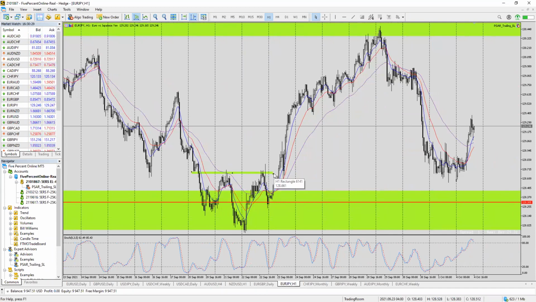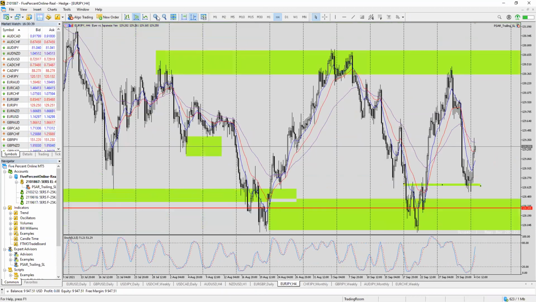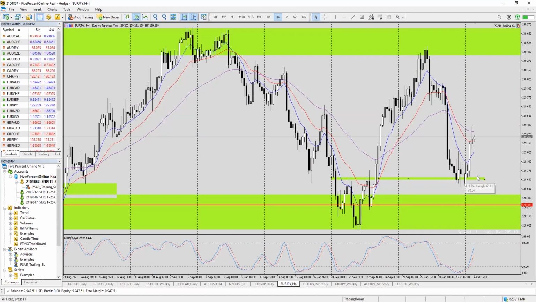And this neckline gave some sort of a support, not a clean one, but still sort of a demand zone or a support line from the previous neckline of this inverse head and shoulders. So always pay attention to previous areas of decision, for example this neckline, which could turn or continue serving as areas of decision later on in the chart.